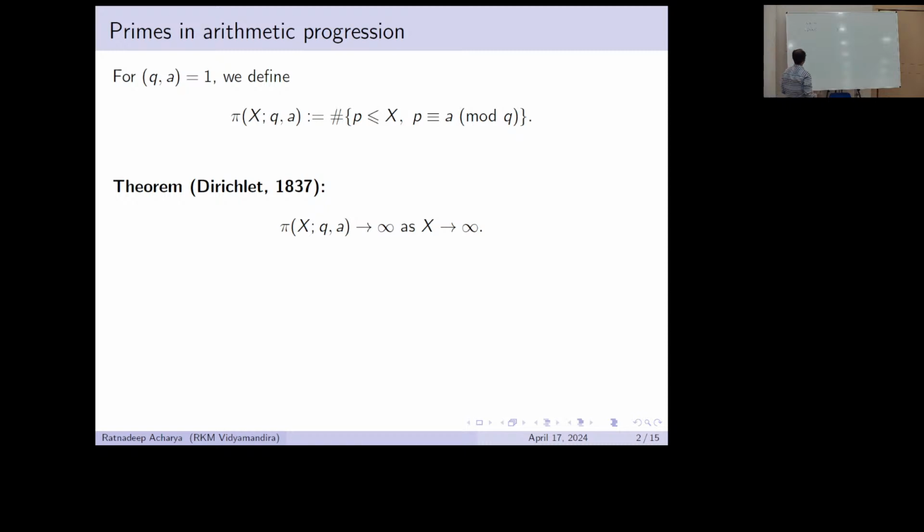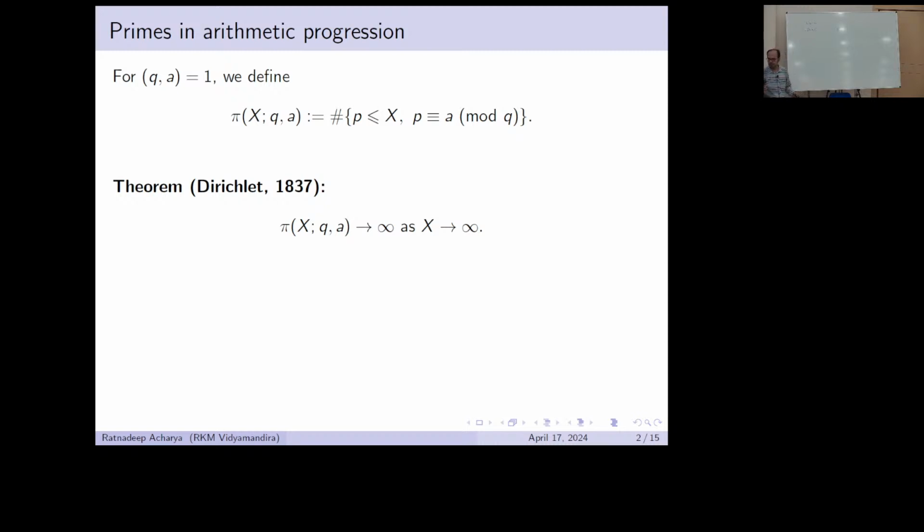What about π(x;4,2) and π(x;4,4)? So how many primes are there in that arithmetic progression? Primes of the form 2 plus 4q. How many primes are there? So only one. And how many primes of the form 4q?